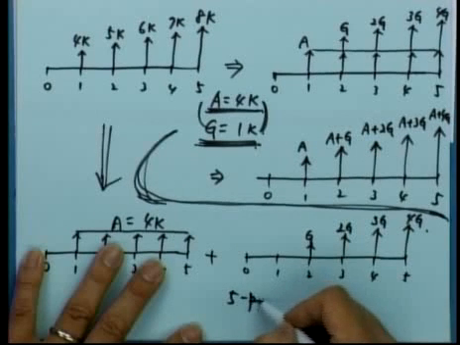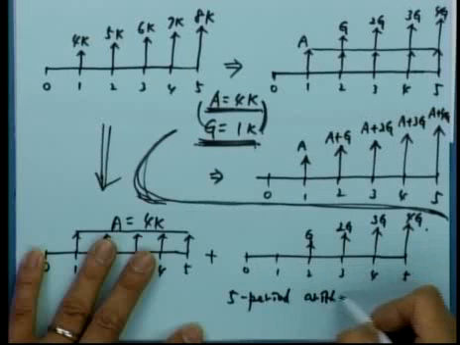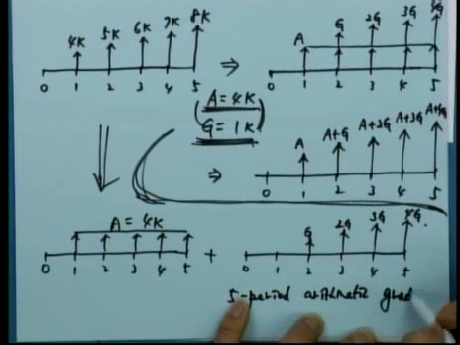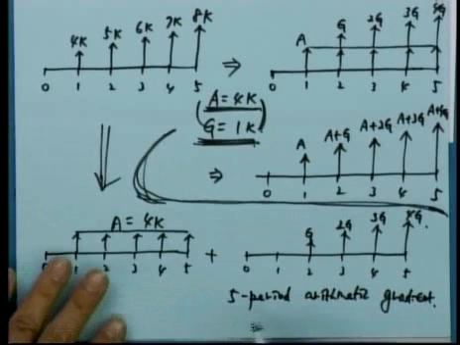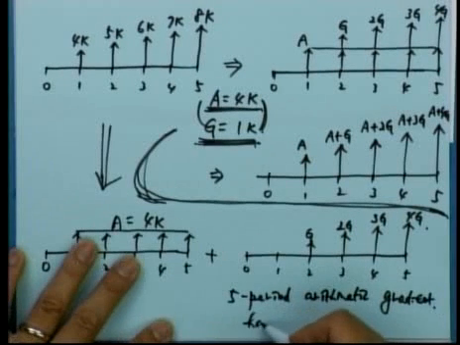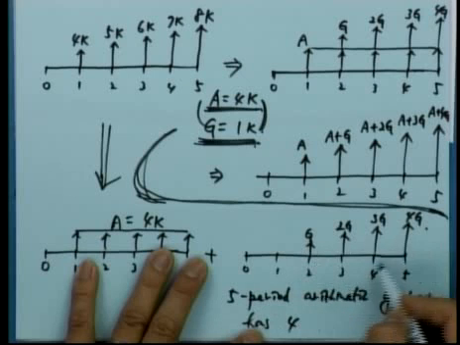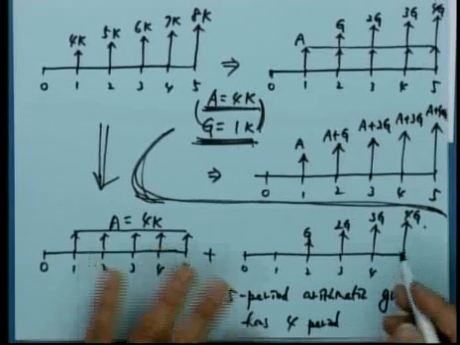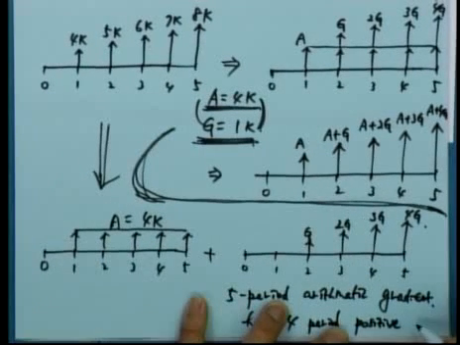A 5 period arithmetic gradient has only 4 periods of positive cash flow.